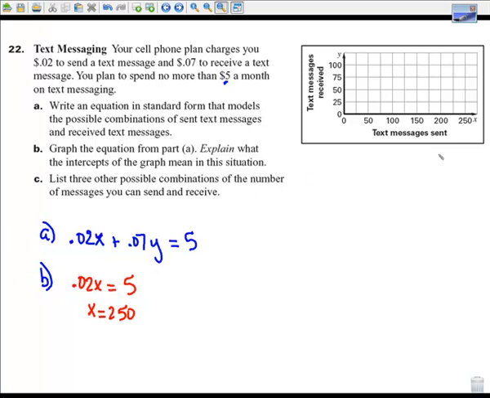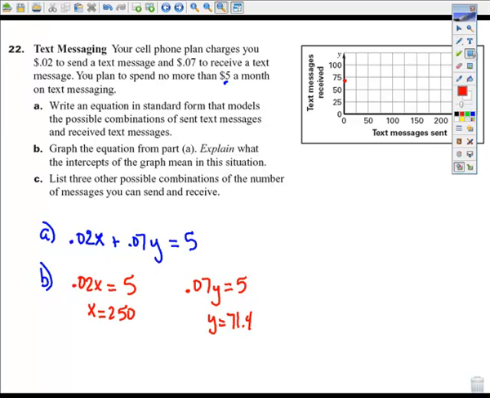So my x-intercept is 250. And I'll do the same thing for the y-intercept. When I divide 5 by 7 cents, that gives me about 71.4. So I'm going to have to estimate 71.4, we'll say, pretty close to right there.